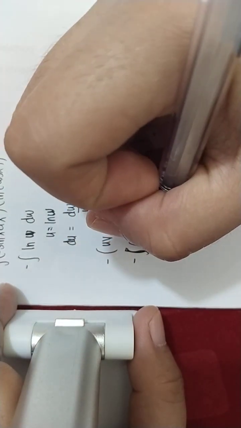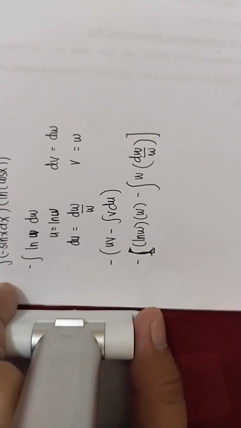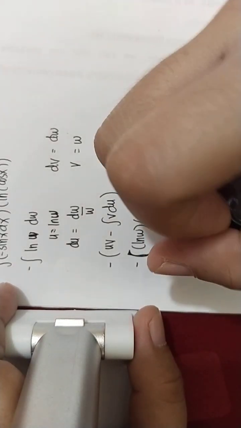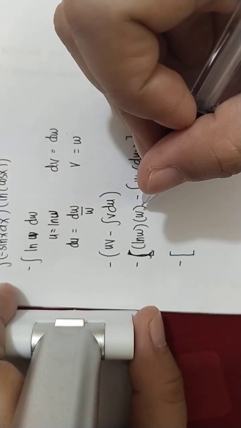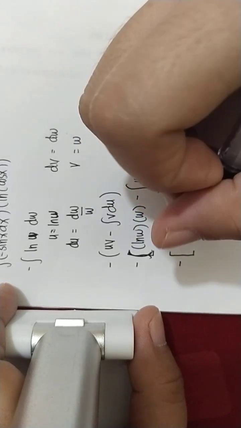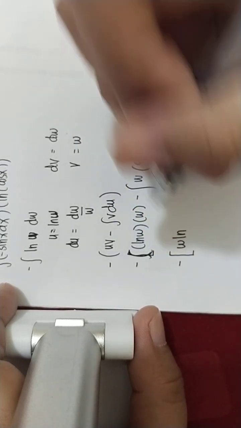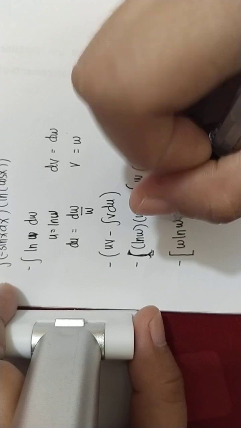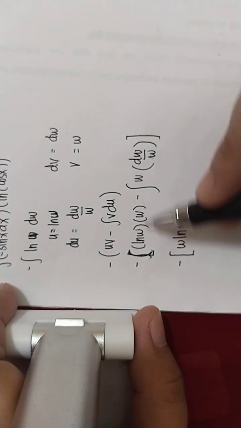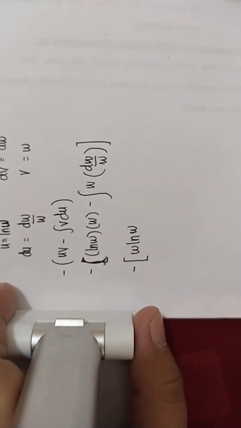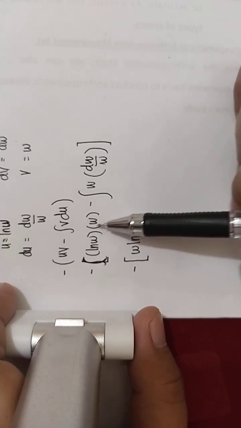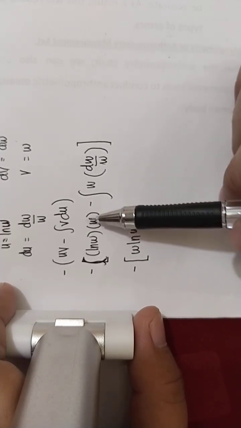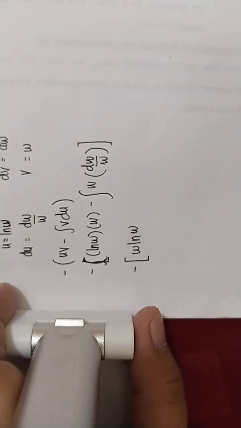So let's use bracket instead of parenthesis. So again, nandun pa rin si negative, then ito ln of w times w. So let's put the w sa unahan para maiwasan na ma-multiply sila na ln of w squared, kasi this is not inside the ln but a separate variable.